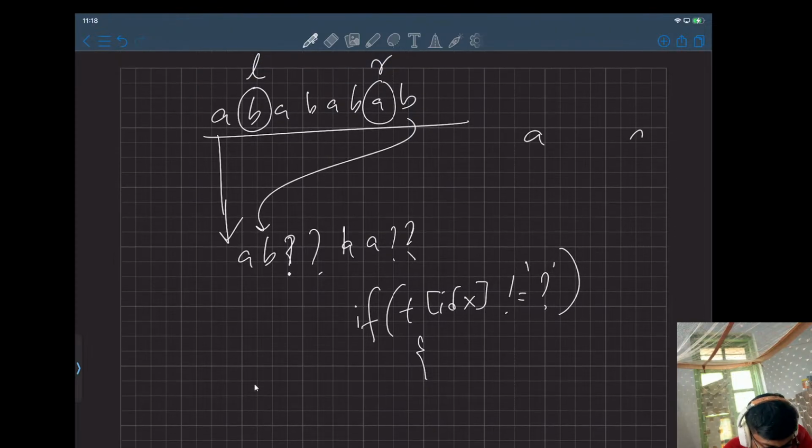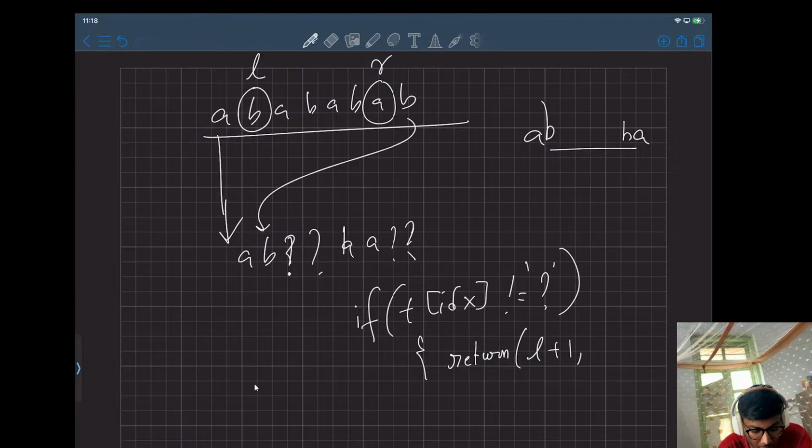I know that in S, if both of them are A, then there is bound to be B here. So it does not matter which A I take. So return rec of L plus 1, R. If L is greater than R, return true.